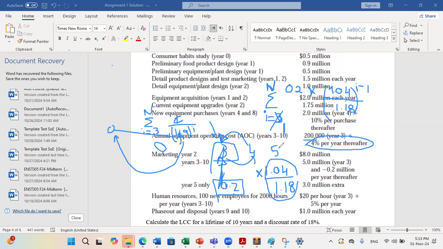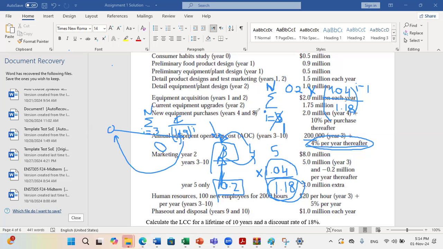But what is different here is that the 18% discount is accounted from year 0, while the 4% increase is just considered after year 3. That's why we cannot apply the usual method where this summation can be written as summation from 1 to n minus the first 2 terms.